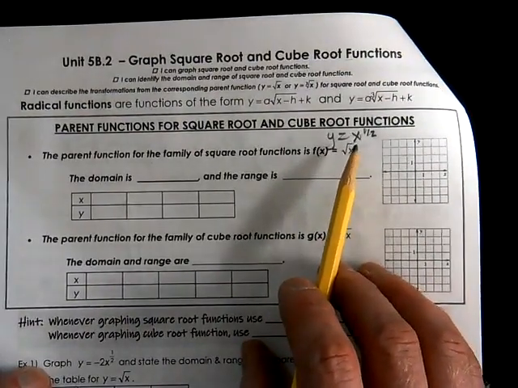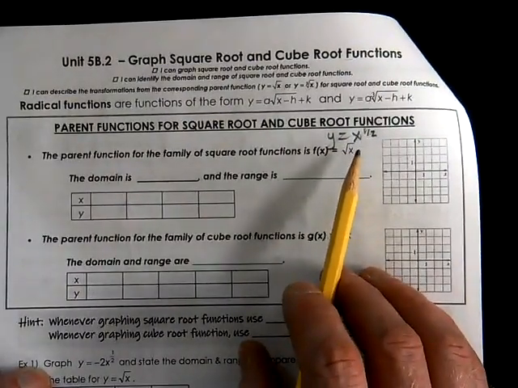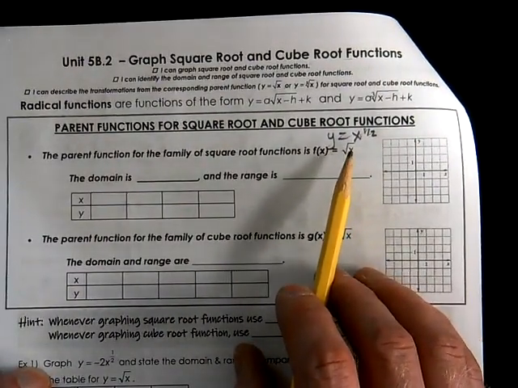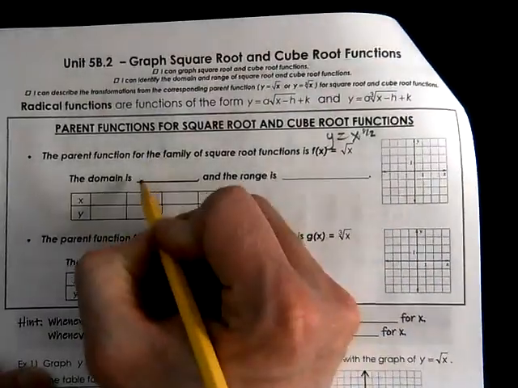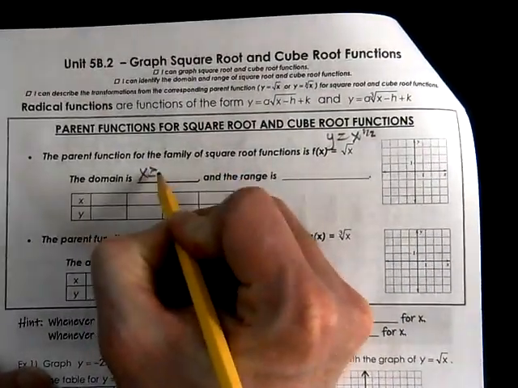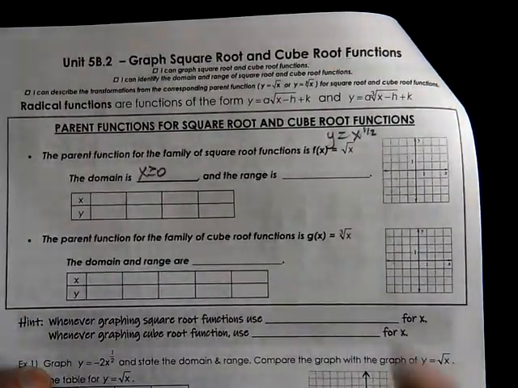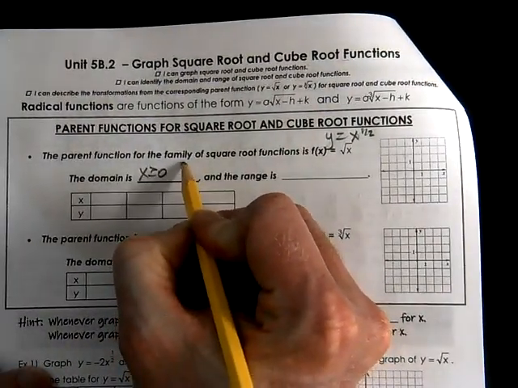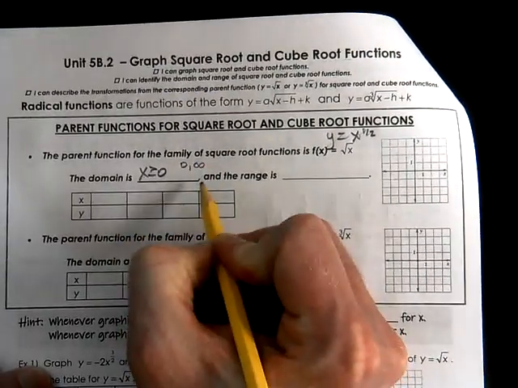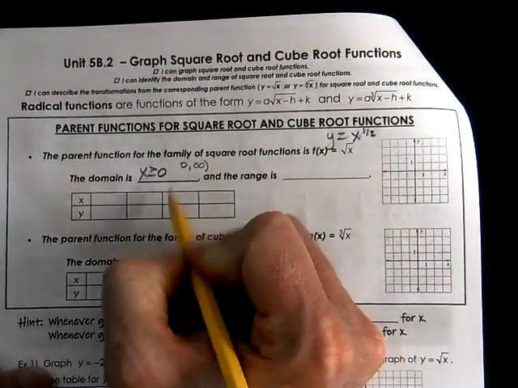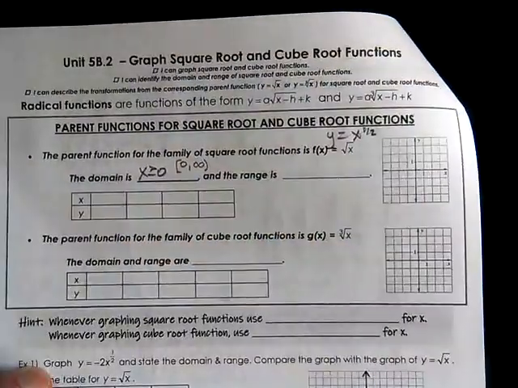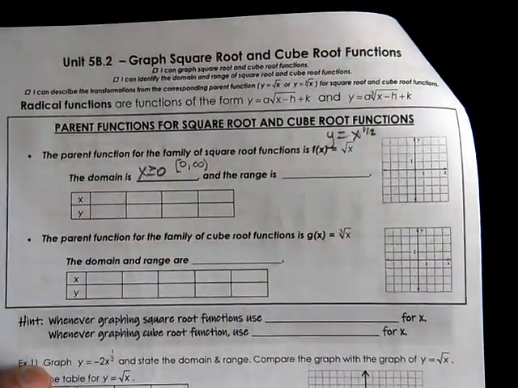We can plug in numbers from 0, 1, 2, 3, 4, and 5, and so forth, but you cannot plug in negative numbers. So your domain is always going to be greater than or equal to 0. If you want to use interval notation, you could use 0 to infinity with a square bracket around the 0 because it includes 0, and a rounded bracket at infinity.